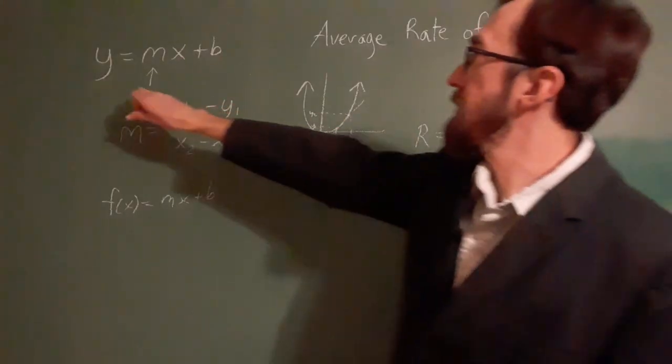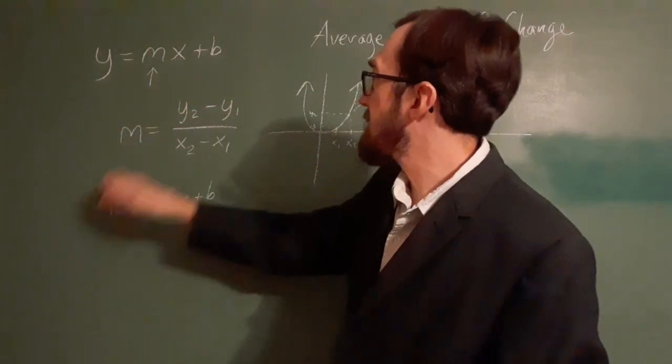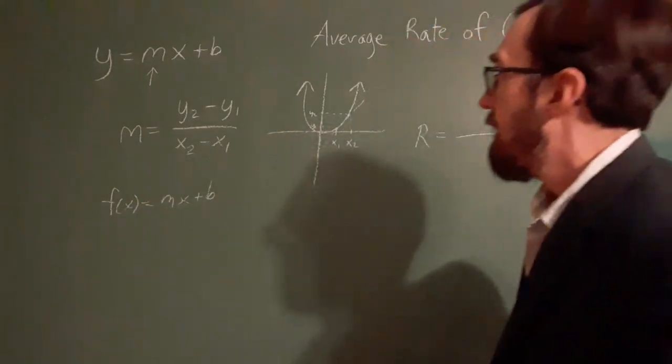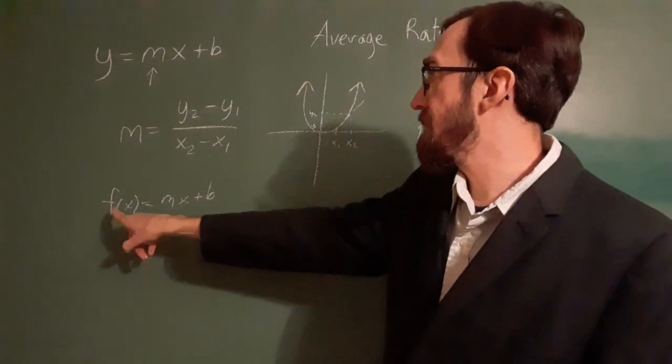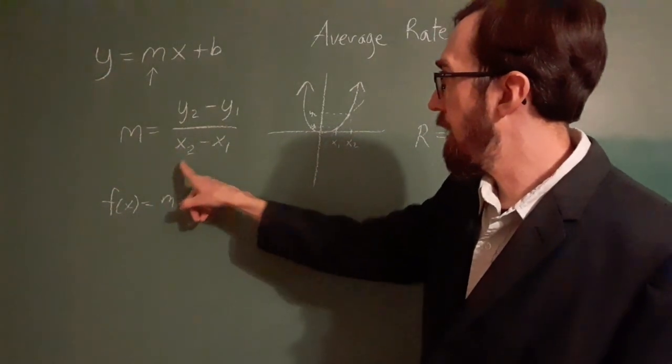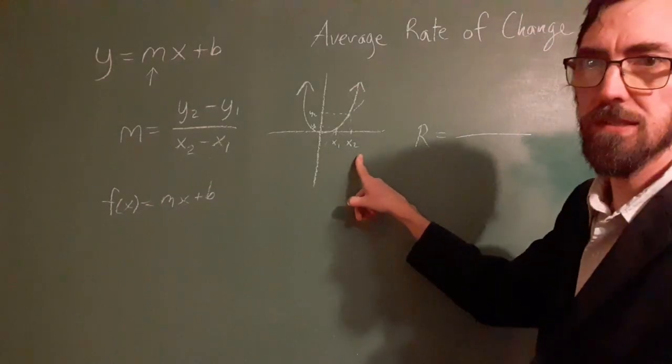And just like we replaced this y with f of x, each of these y's now have to be replaced with f of x. And notice that this x is the input into the function, and we have two x's.